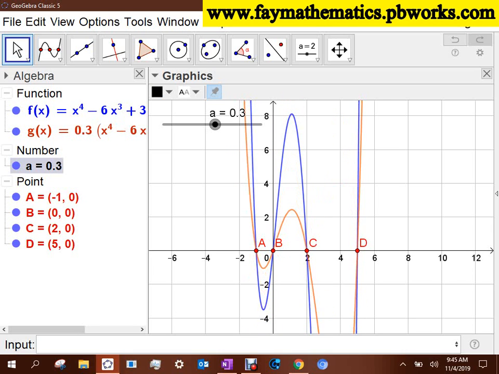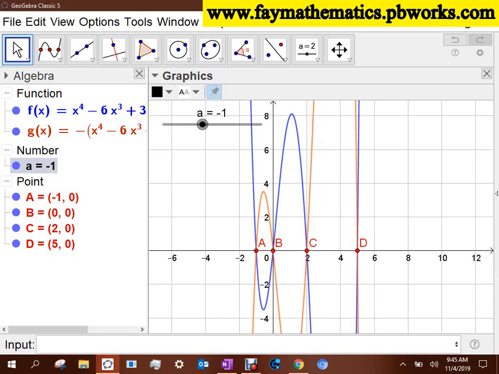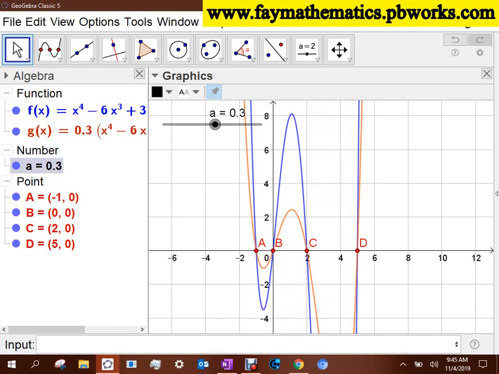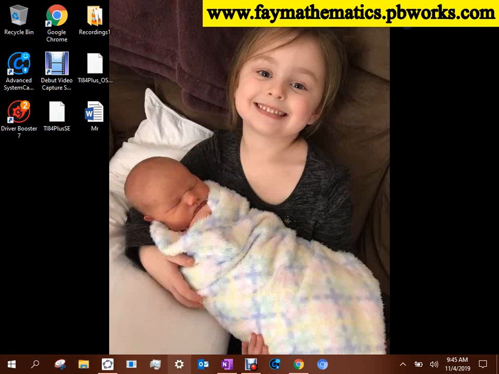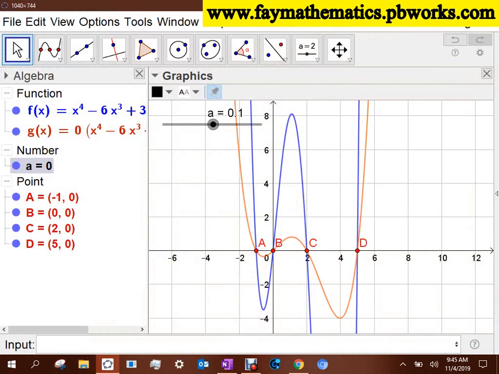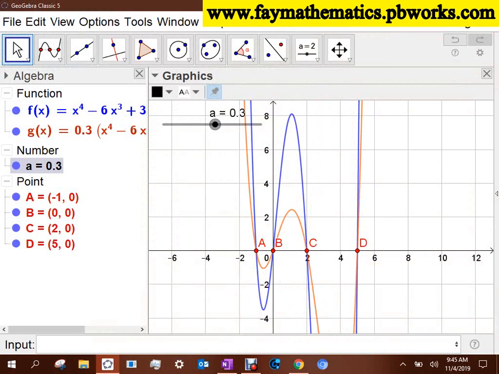That makes sense? So how many polynomials are there that have these zeros of least degree? Infinite, right?